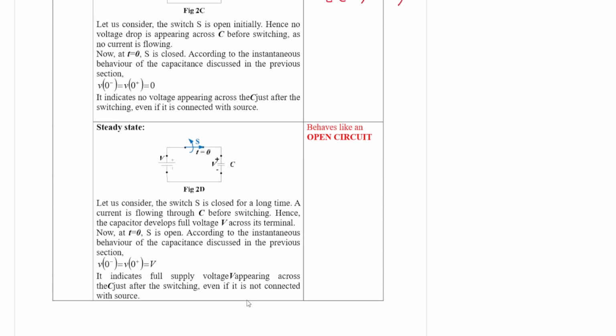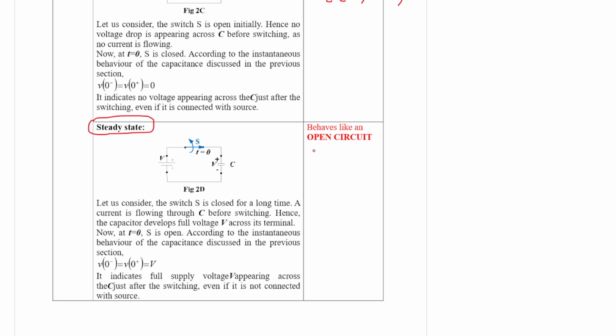Now again, if we consider the steady state, suppose the switch is closed, so the current is flowing and voltage is built up across the plates of the capacitor. That voltage is, let us say, V, because the supply voltage is falling on that capacitor plate.